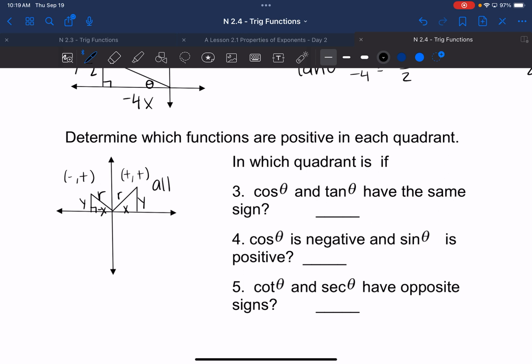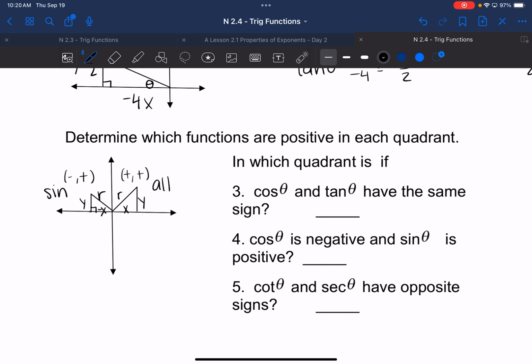So which ratio is the only one that's going to be positive then? Sine, right. That's the only one that doesn't involve x. So here, sine is going to be positive, okay?